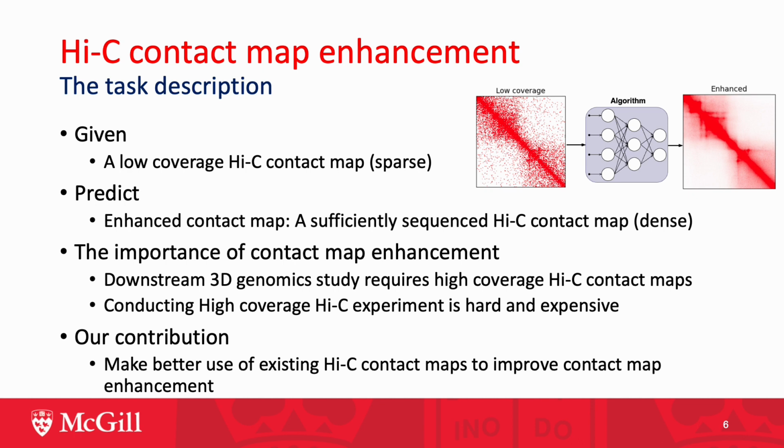To fill the gap, we can try to predict an enhanced contact map based on the low coverage Hi-C contact map. This task is called contact map enhancement. Our primary contribution in solving this task is we propose an approach to make better use of existing Hi-C contact maps to improve contact map enhancement.